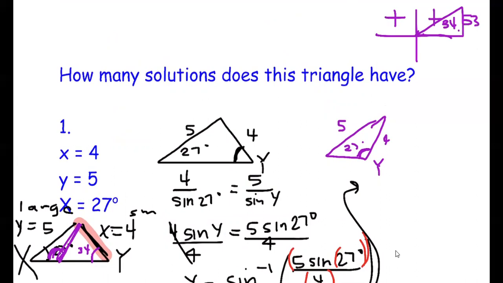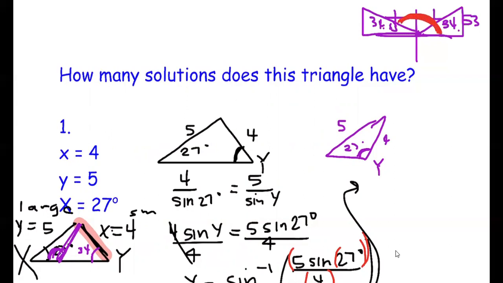We need to find the corresponding angle in the second quadrant. In other words, I want the same reference angle, and that's where that 34.57 comes into play. And the question is, what would this angle be? What's the other side of that?